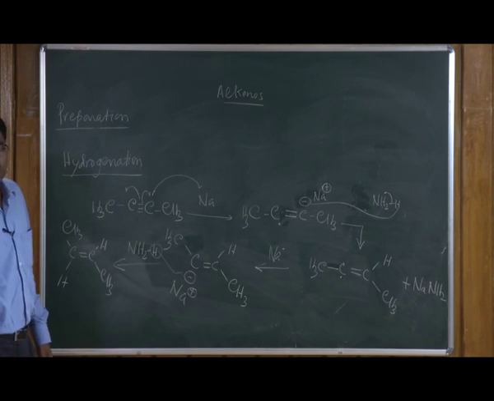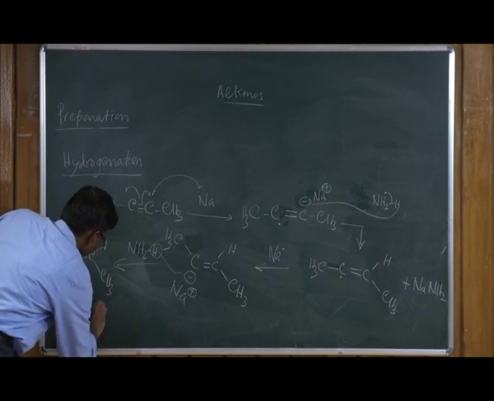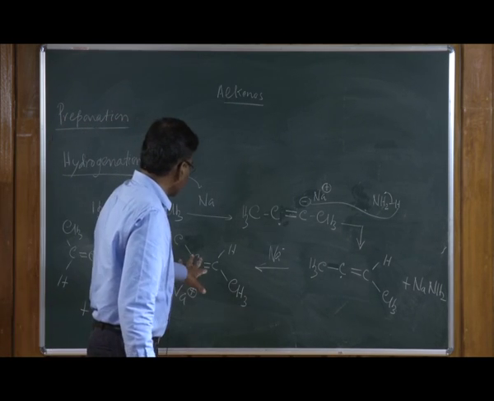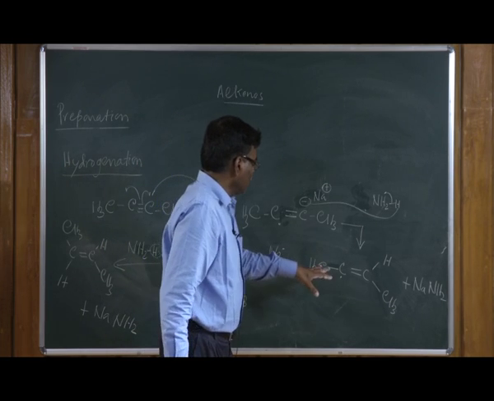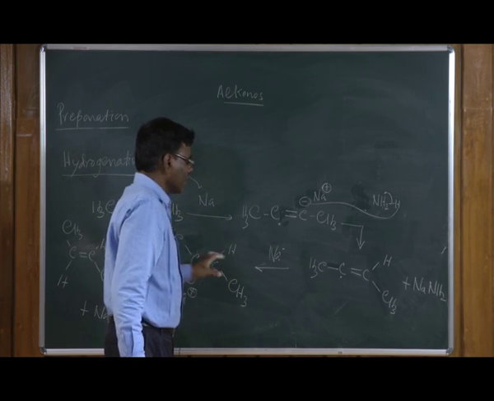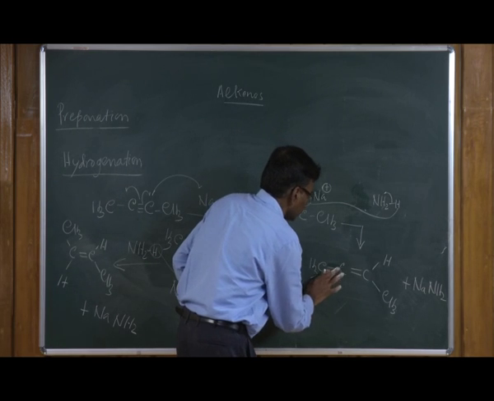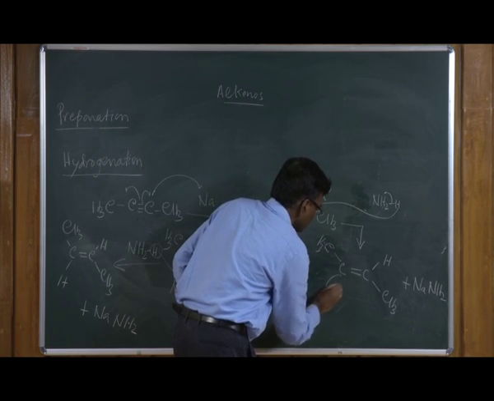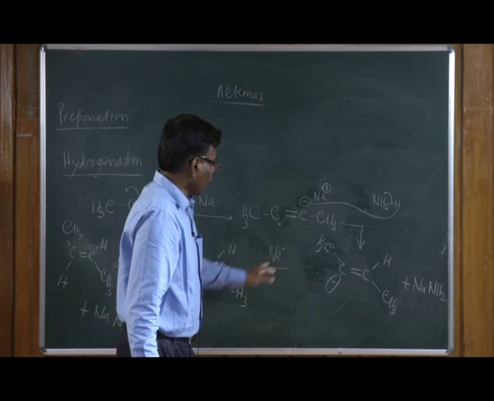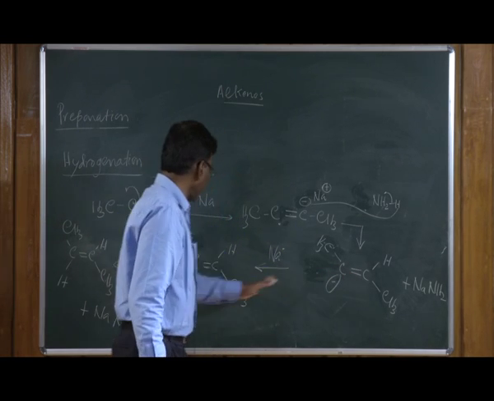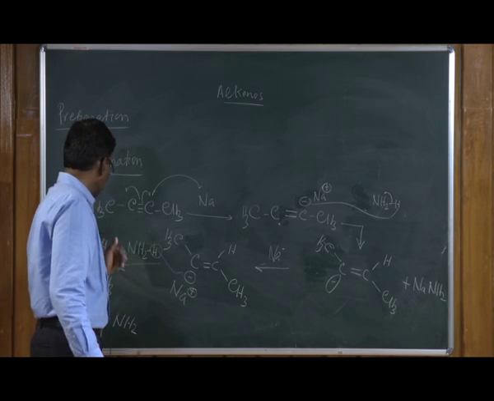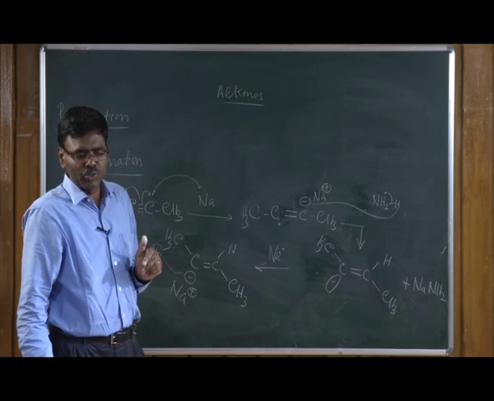So, you get trans-2-butene plus sodamide. The stereochemistry is decided in this step. You can see here you have the trans geometry. It reacts again with another sodium, you have the anion, and this anion can pick up the proton from the ammonia. You can get selectively the trans-2-butene.